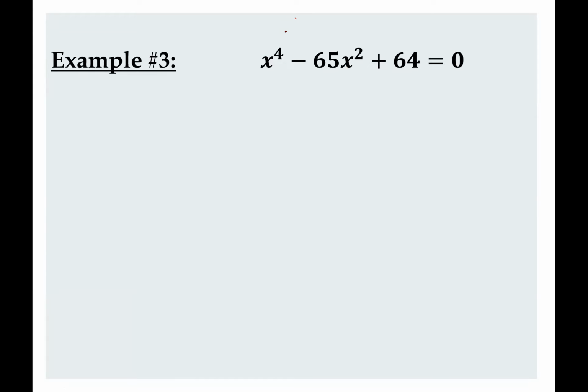This term with the highest exponent right here, that x to the fourth, that's going to give us a clue about how many solutions we're going to expect. So our degree is 4, and I'm telling you that that is a clue about the number of solutions. So I'm going to write a note that we're going to expect 4 solutions.